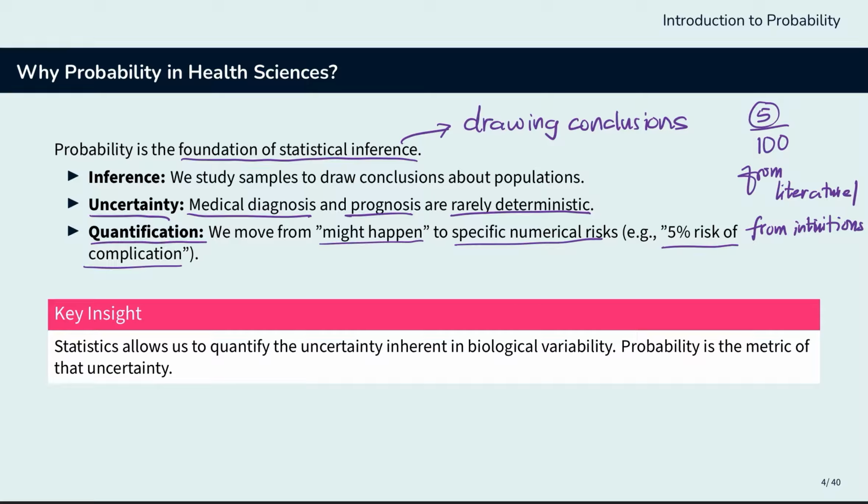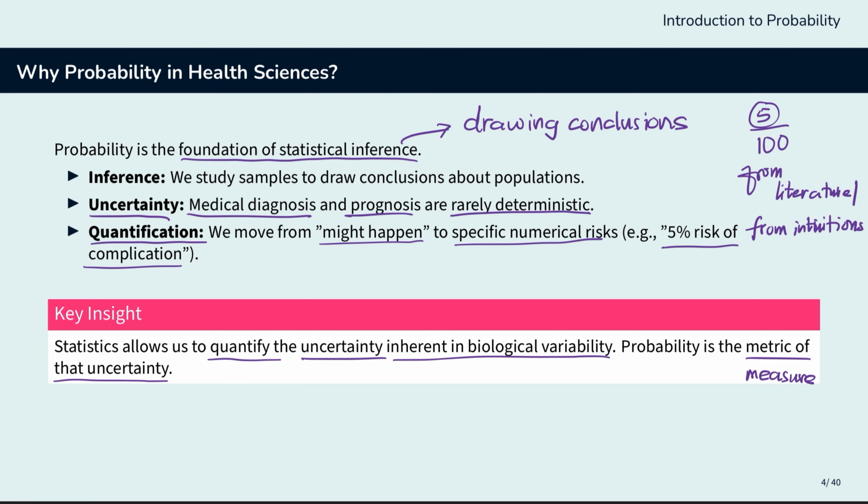The key insight to remember is that statistics allows us to quantify the uncertainty inherent in biological variability, and probability is the metric of that uncertainty.